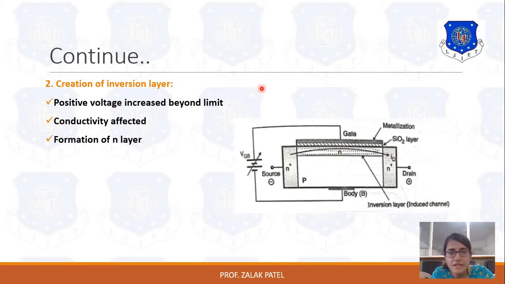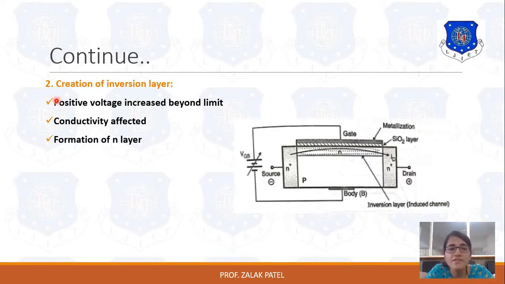As we discussed in the previous point, the creation of the depletion region is because of the minority carrier electrons, which are attracted towards the gate terminal. At that time electrons are minority carriers and holes are majority carriers.